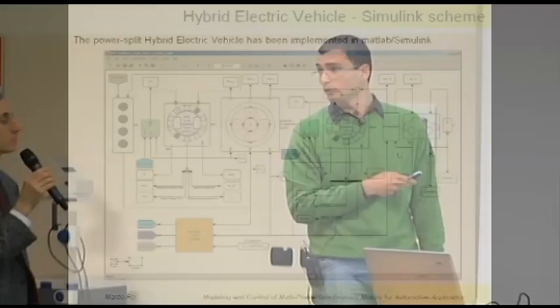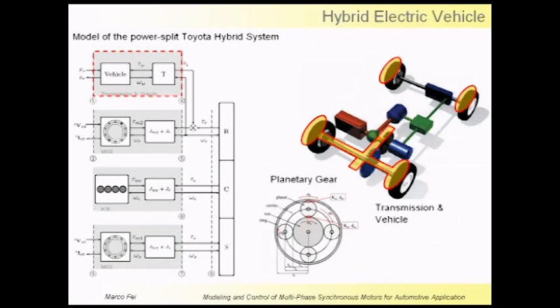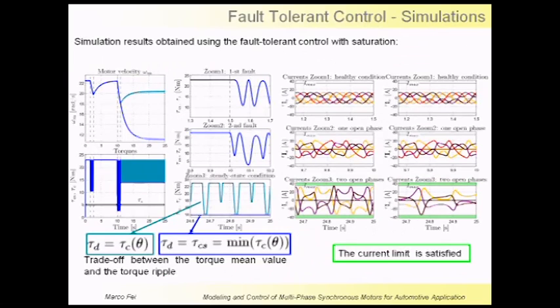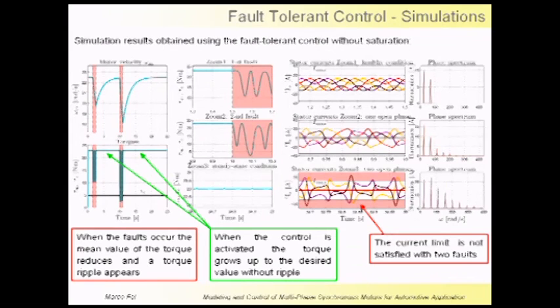Yes. And the second point about control techniques? Yes, about the control of this type of motor in faulty condition. This control is general and extends the minimum dissipation torque control in faulty condition. So also in faulty condition, one can obtain the desired torque without a ripple.